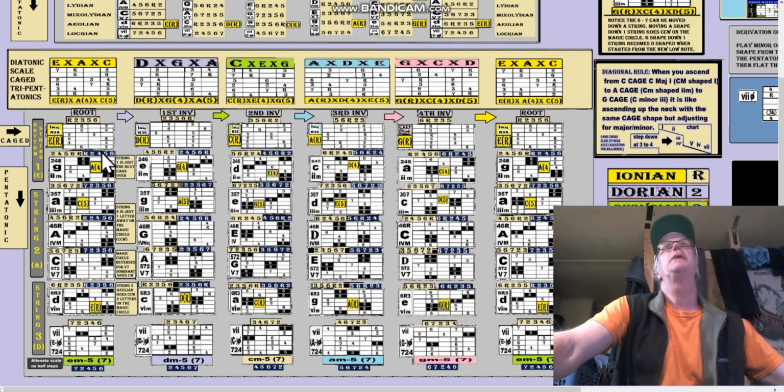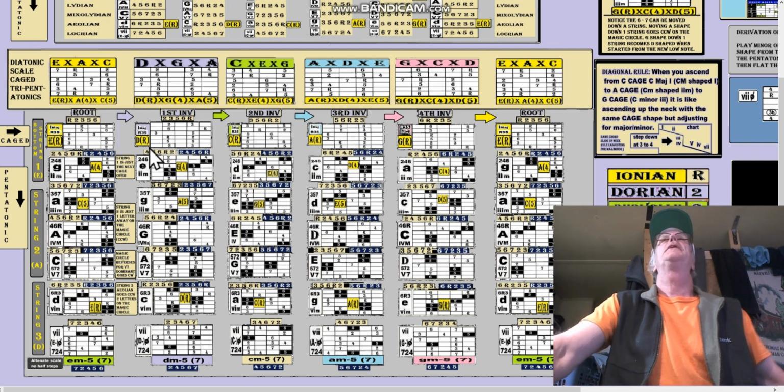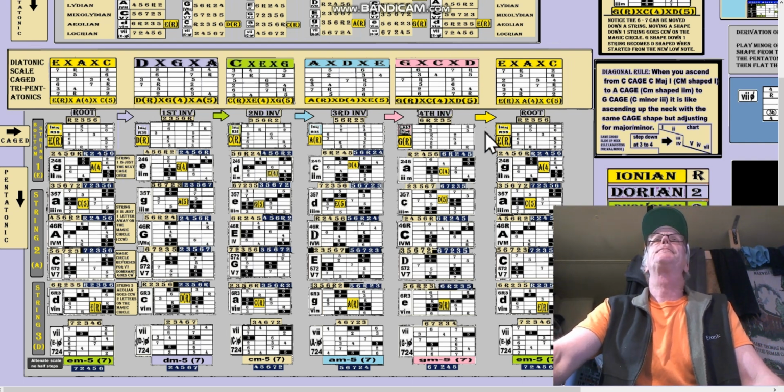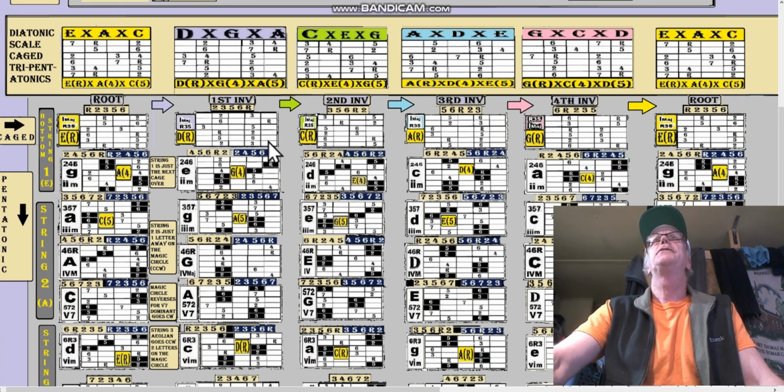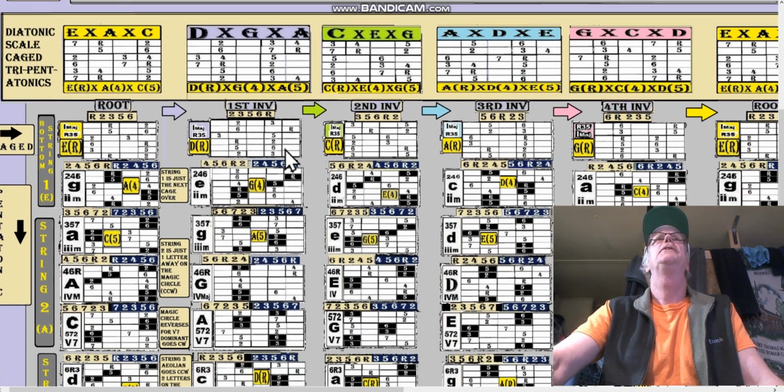Now let's look at that pentatonic scale, and we can start that from the D shape.